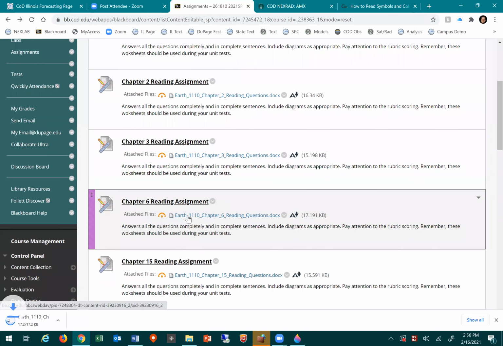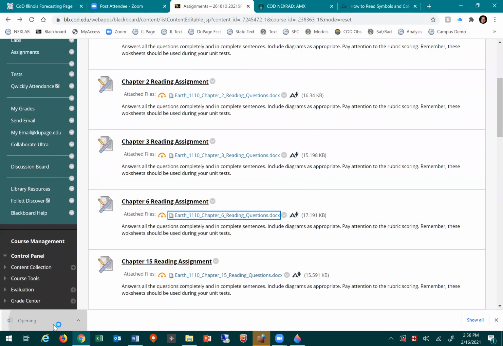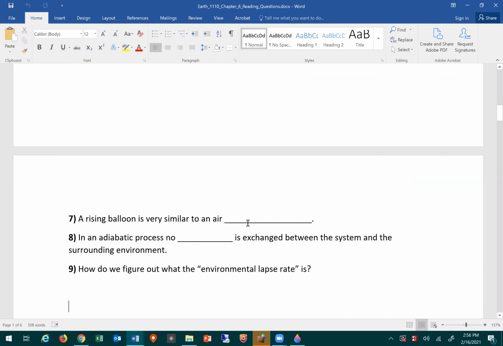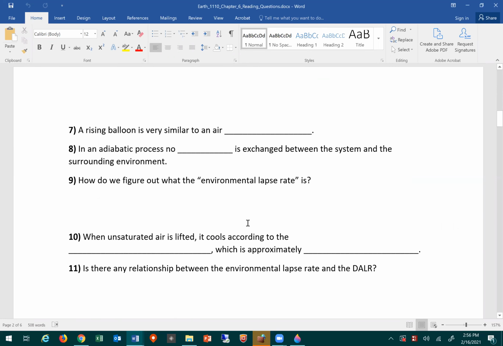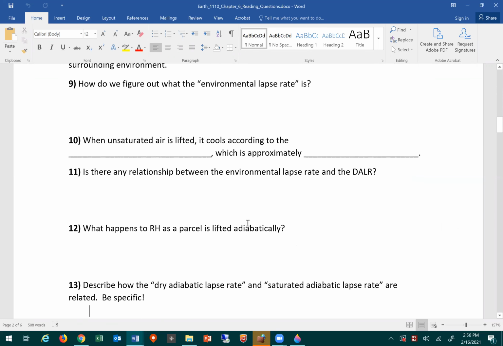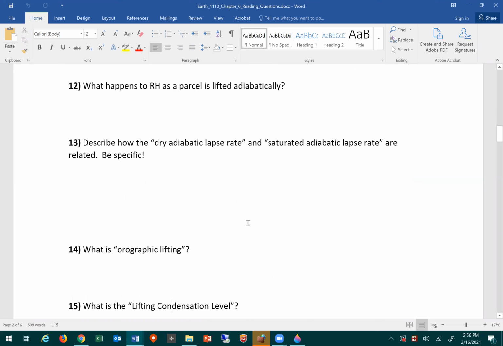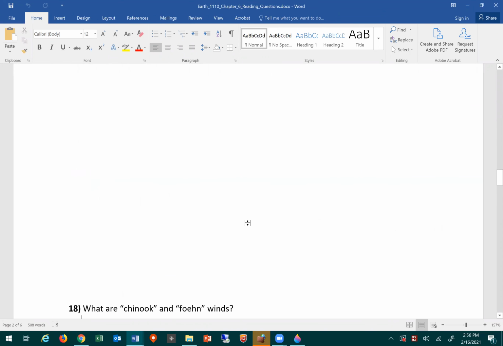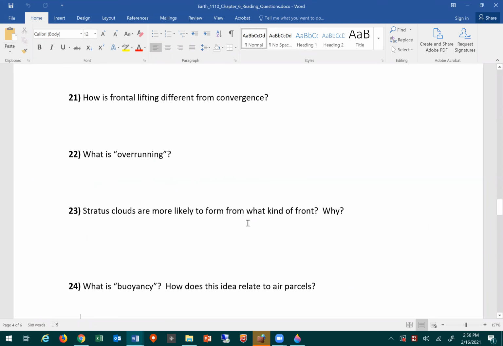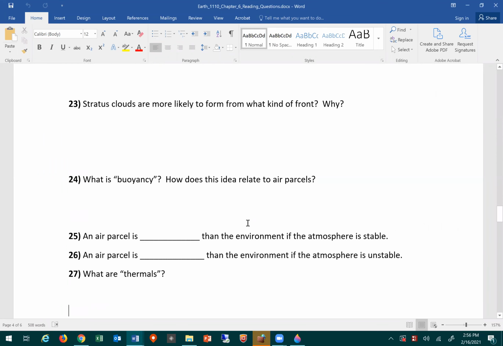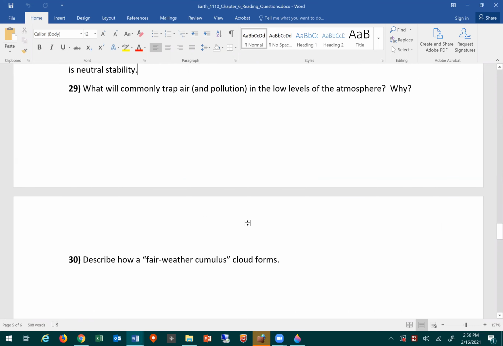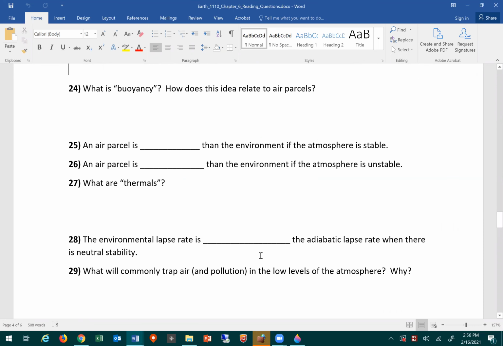Let's look through the questions here together. Yeah, okay, so this is kind of going into the next unit, where we talk about fair weather cumulus clouds, we talk about environmental lapse rates.